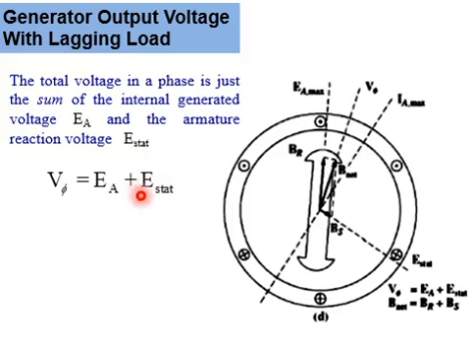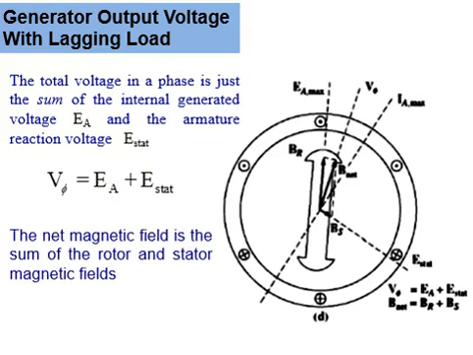Otherwise, if there is no load, this would be 0 and V phi would be equal to EA. Similarly, the net magnetic field is equal to Br plus Bs, the rotor magnetic field and the stator magnetic field.